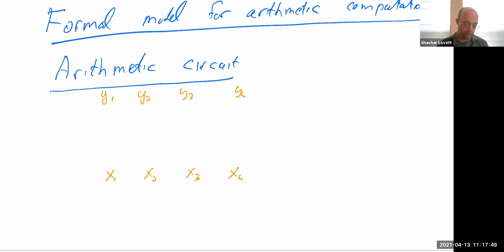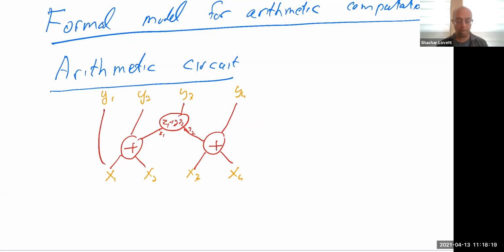Maybe that's going to be a plus gate that will compute x1 plus x2. Maybe here I have another plus gate. And maybe here I'm going to have something with some coefficients. I might allow some coefficients, like maybe here I'll denote this gate by its inputs. Let's call these inputs z1 and z2. Maybe z1 plus 2z2. I can connect them, and maybe now I connect them like that. Okay, maybe that's just an example.